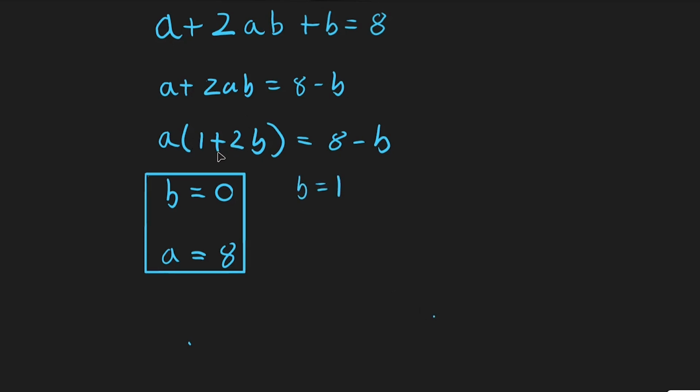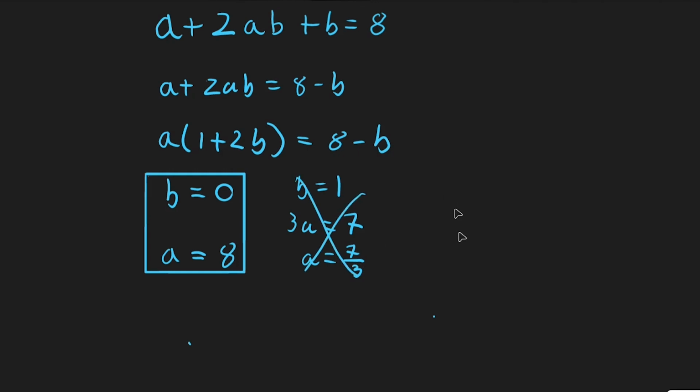Then the parentheses will be 1 plus 2, that's 3a, and it'll be 8 minus b, so that's 3a equals 7, and that's a equals 7 thirds. This is not a natural solution because this is not an integer, so this does not hold.